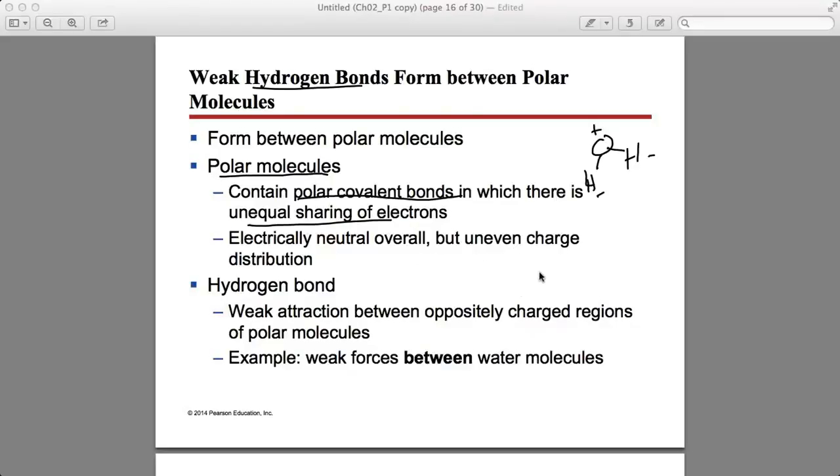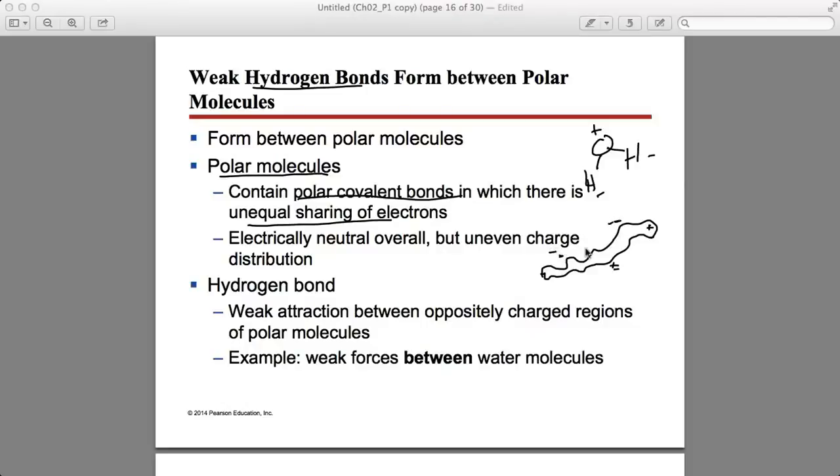So you can imagine a large molecule here. I'm going to draw it, kind of this bumpy protein, large bumpy protein. And maybe there's a slight negative charge here, and a slight positive charge here, and another slight negative, and another slight positive part here. If you count these, there's two positive charges, two negative charges.